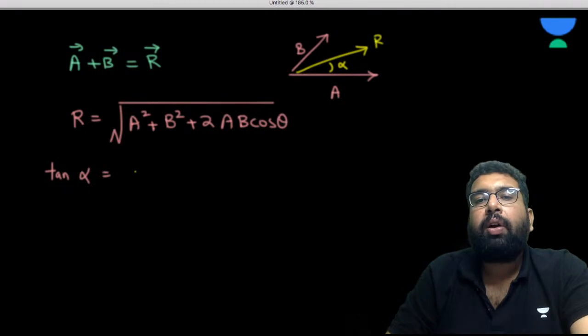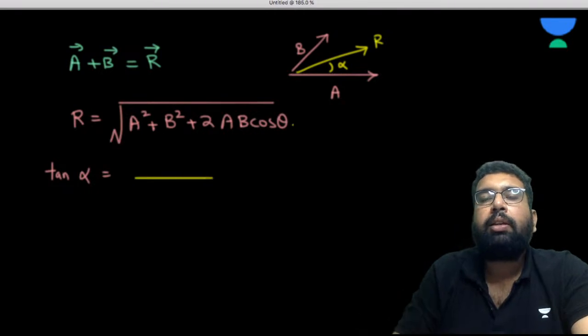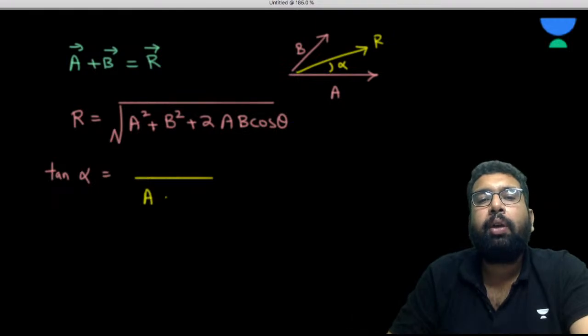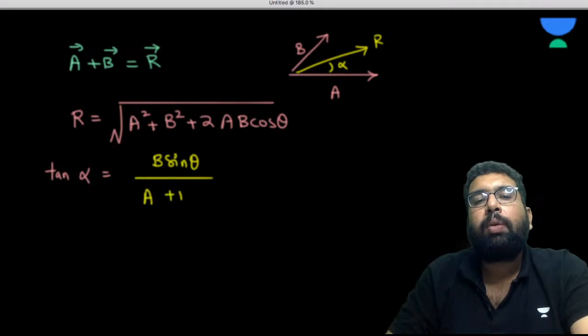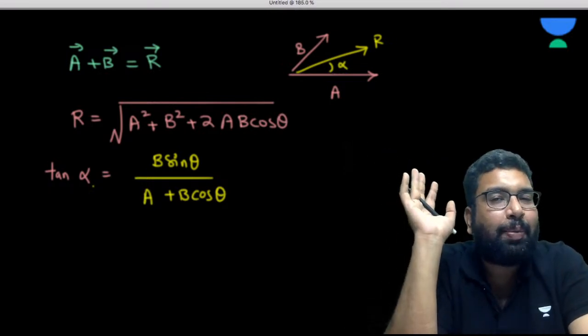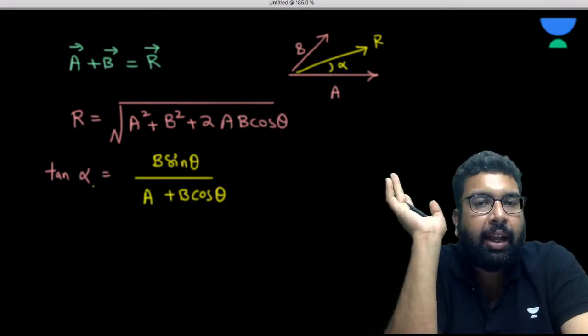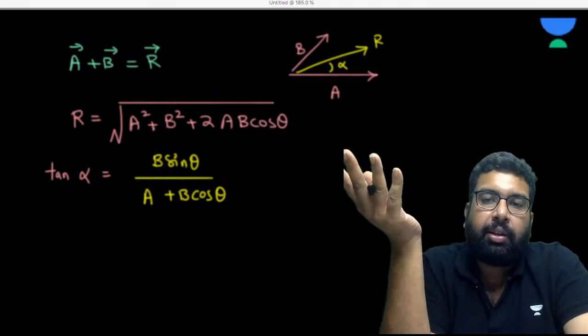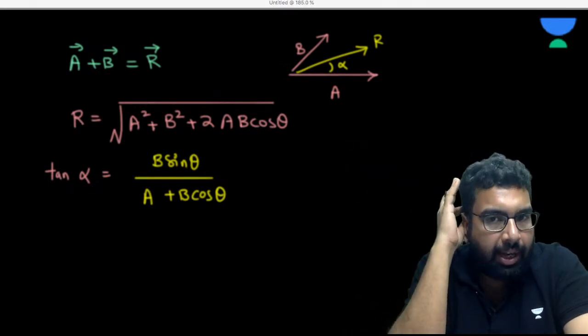So tan alpha is going to become, as this alpha you have taken from A, keeping A alone in the denominator, the remaining B sin theta over A plus B cos theta. Sir, how come? So when we are writing tan, sin theta must be in the numerator, cos theta must be in the denominator. This is the general understanding. Now same way we did some improvisation and we have written like this.